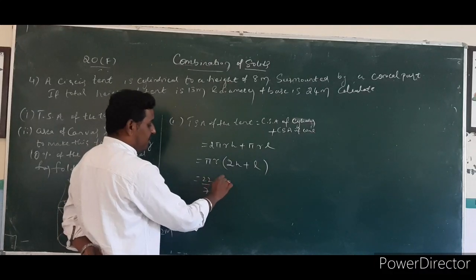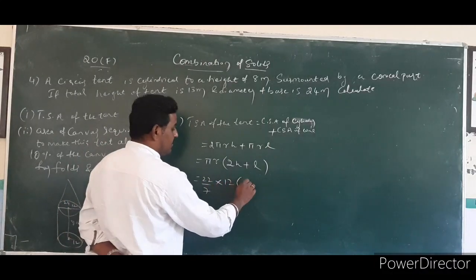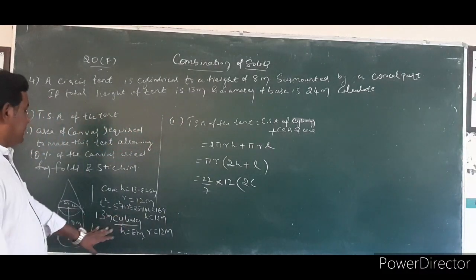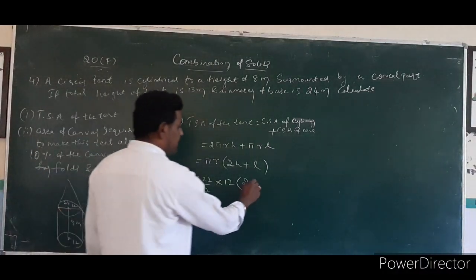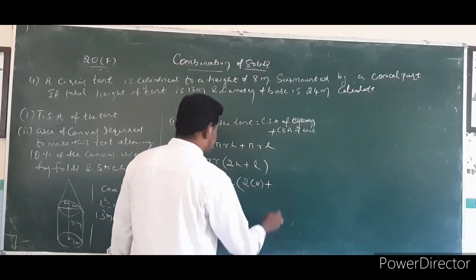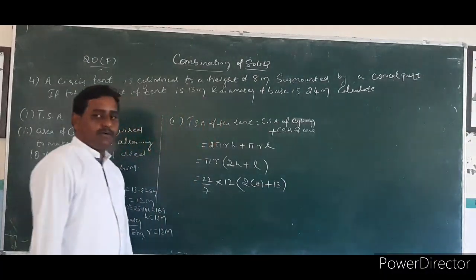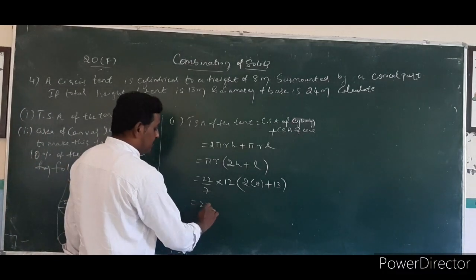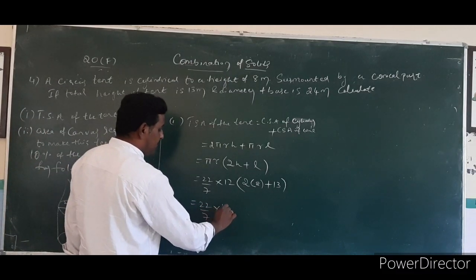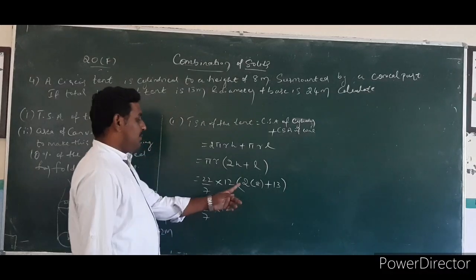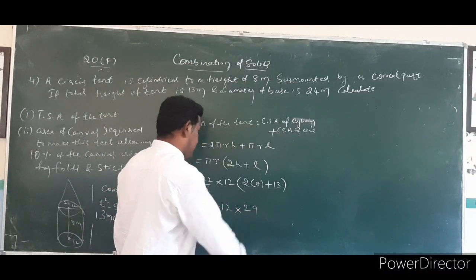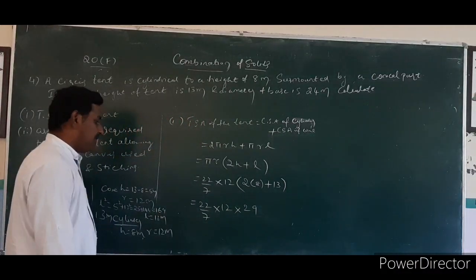22 by 7, r value is 12, into 2 times the height of the cylinder. Height of the cylinder is 8. Slant height of the cone is 13. So 22 by 7 into 12 into, 2 8s are 16 plus 13, 29.